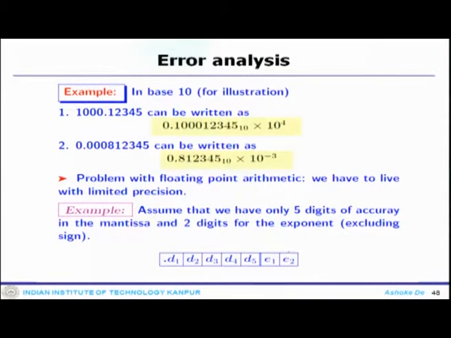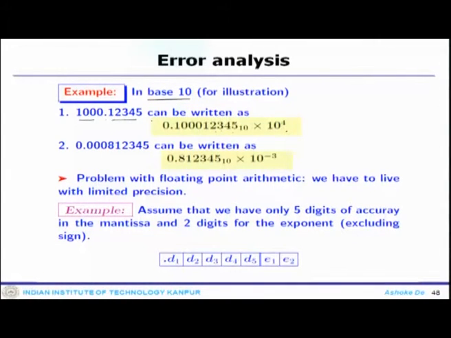Now, this is in terms of base 10, the number is 1000.12345, which can be written as 0.100012345 base 10 to the power 4.